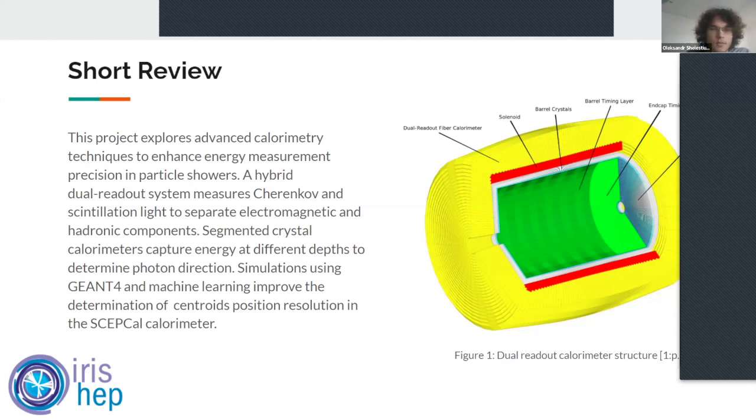What are hybrid dual readout systems? They are systems that measure Cherenkov and scintillation light simultaneously for separation of the hadronic and electromagnetic components of the shower.